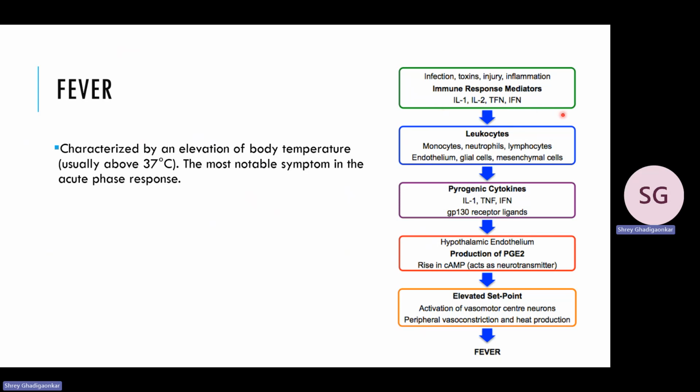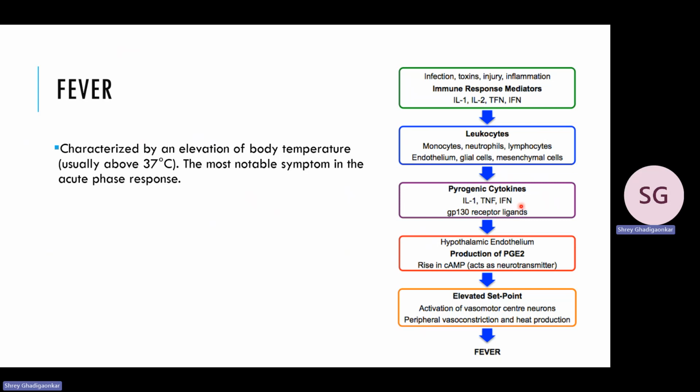These immune response mediators travel locally to leukocytes, which could be monocytes, macrophages, neutrophils, lymphocytes, endothelium, etc. And these cytokines stimulate the leukocytes to release what are known as pyrogenic cytokines. Pyrogenic in this term basically means fever inducing. And these leukocytes then release interleukin 1, TNF, and interferon.